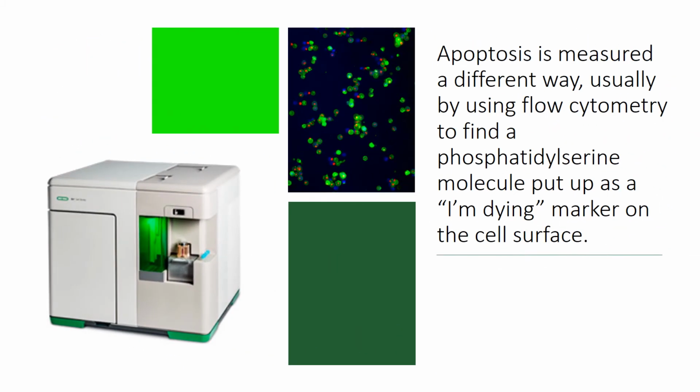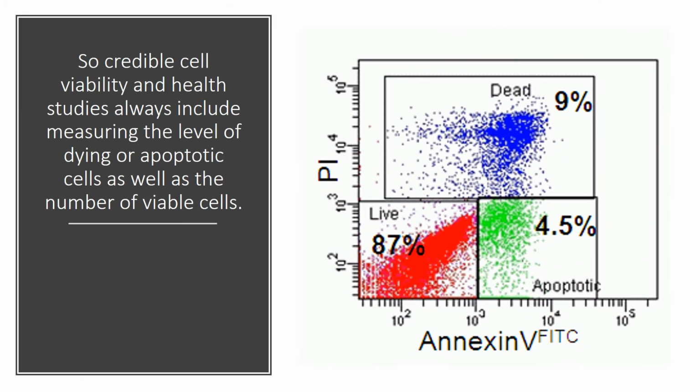And apoptosis is therefore measured a different way, usually by using flow cytometry to find a phosphatidylserine molecule that's put up on the cell surface. And cells use this as an "I'm dying" marker. So credible cell viability and health studies always include measuring the level of dying or apoptotic cells via flow cytometry.